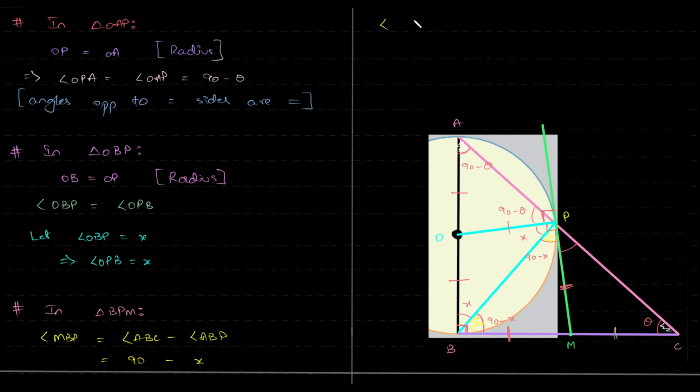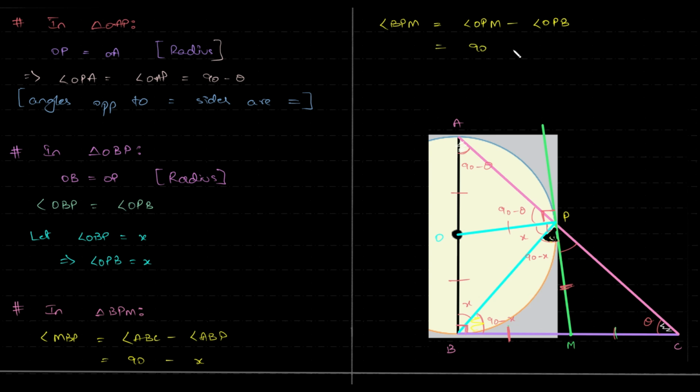Okay. Then we have angle BPM. Okay, guys. So this particular angle, that is equal to what? That is equal to angle OPM minus angle OPB. Okay.